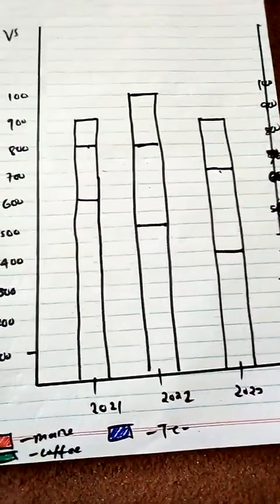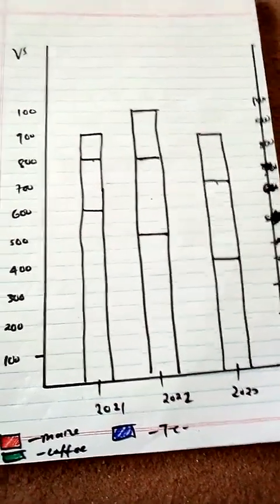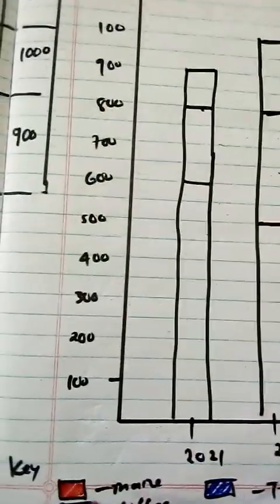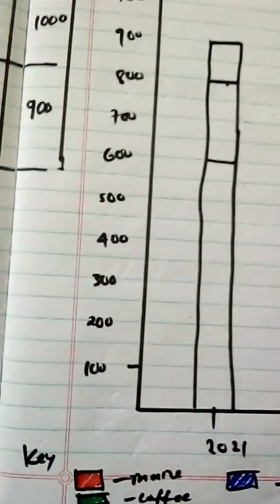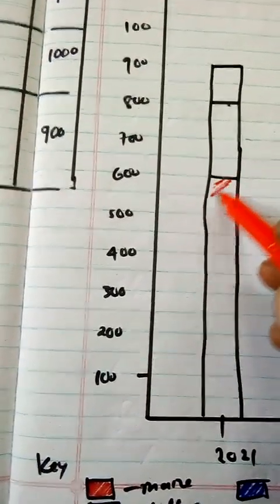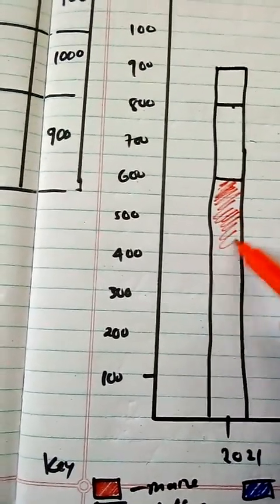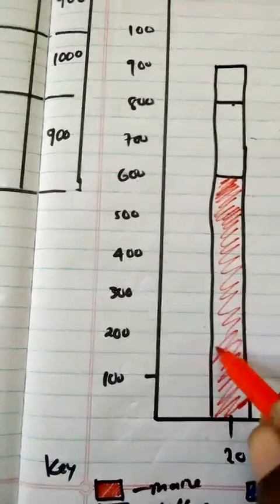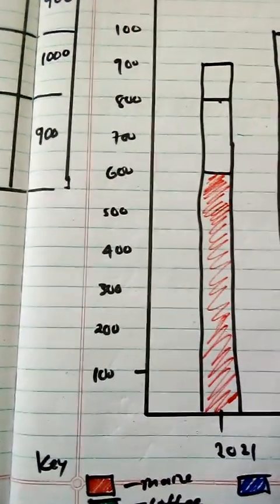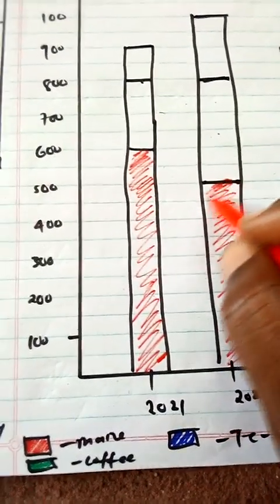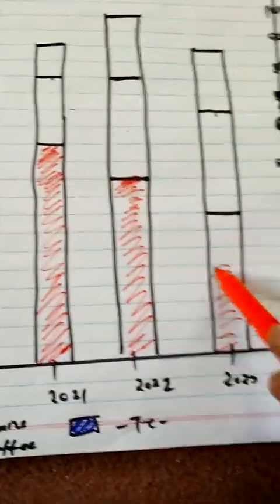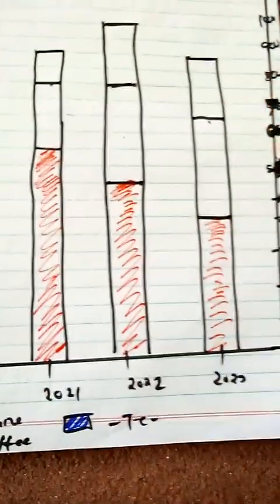So after that, you can shade in either way, but for me, I've chosen a red color to represent maize. So I will shade here for each part of maize. I'll use this color to shade each bar's maize part. I'm drawing it roughly there.